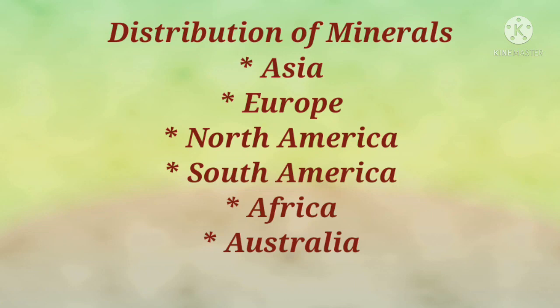Next, we have Australia. Students, Australia is the largest producer of bauxite in the world. It is a leading producer of gold, diamond, iron ore, tin and nickel. Students, can you name the leading tin producers in Asia?